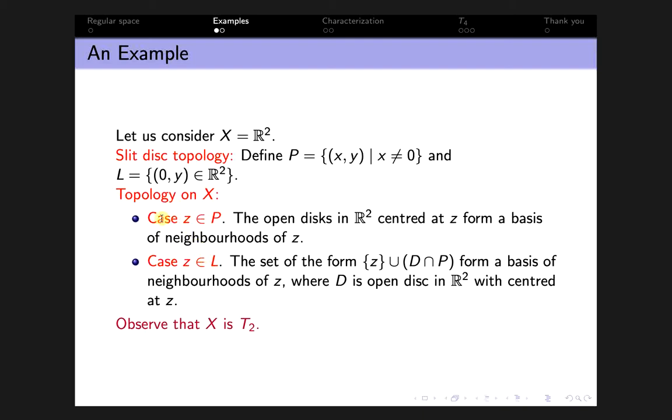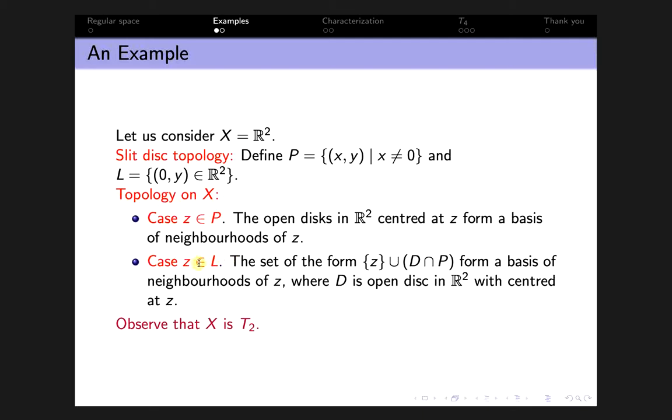Okay, so in the first case, consider z belongs to P. We describe a local basis at the point z in P. Namely, it is the open disk in R2 centered at z, and that forms a basis of neighborhoods at the point z. Okay, and so this is the usual open sets in the Euclidean topology also.